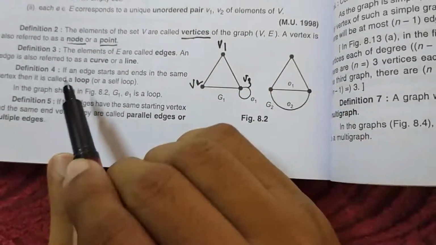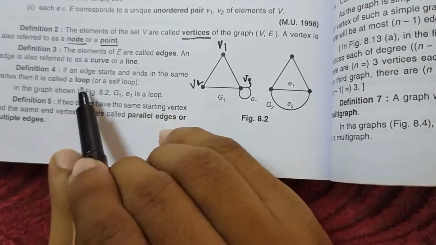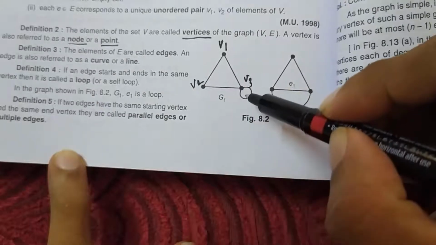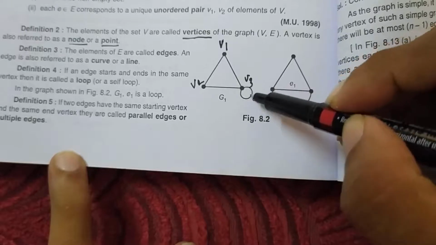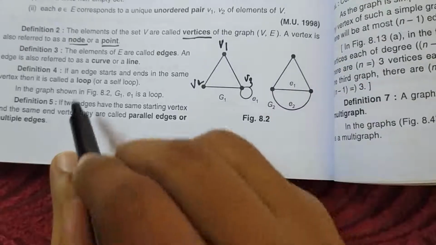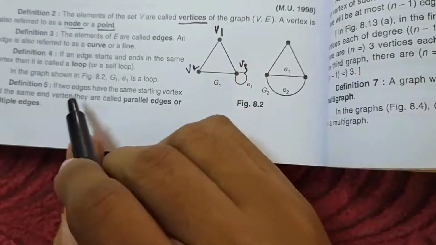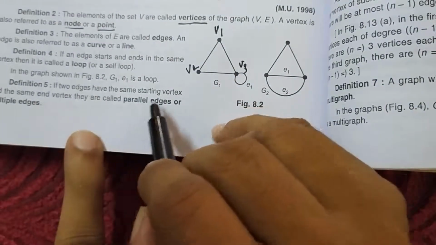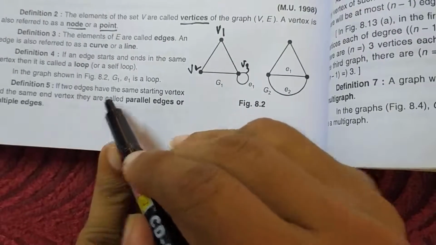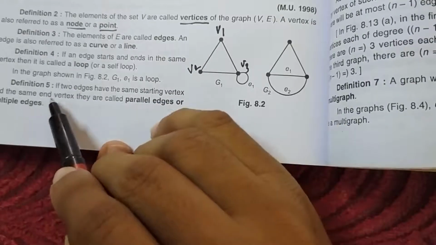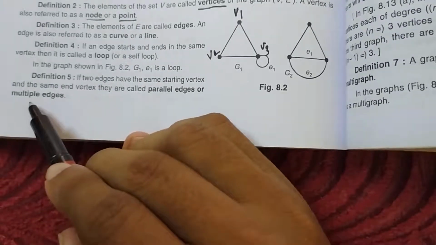As I said earlier, if an edge starts and ends at the same vertex, then it is called a loop. In this graph, this is vertex V3 and this edge E1 starts and ends at the same vertex, so that is called a loop. The next definition: if two edges have the same starting vertex and the same end vertex, then they are called parallel edges or multiple edges.